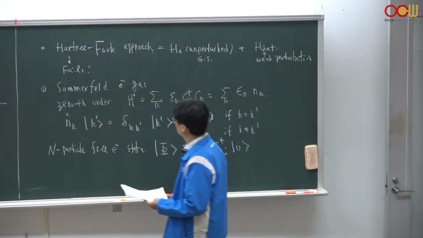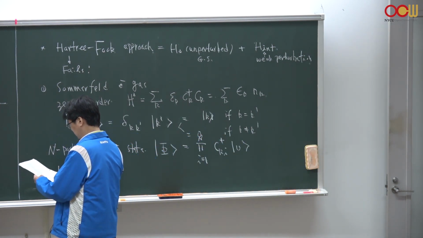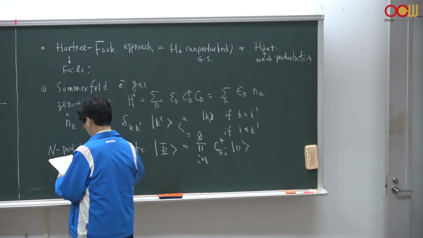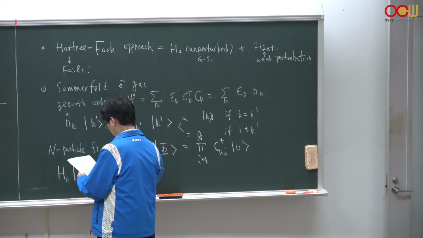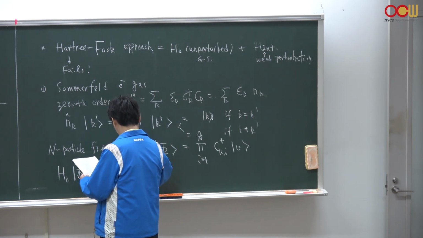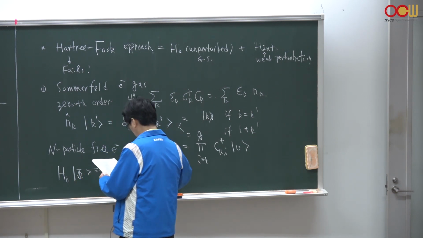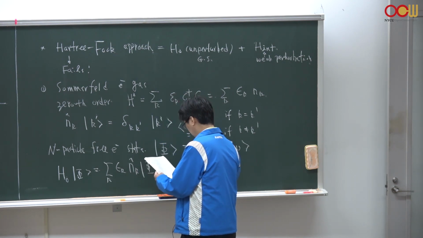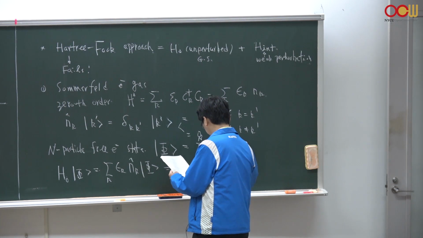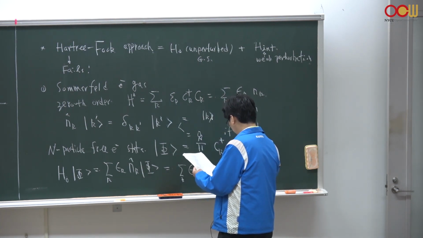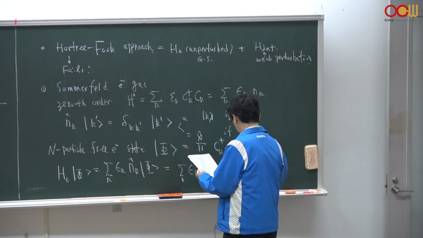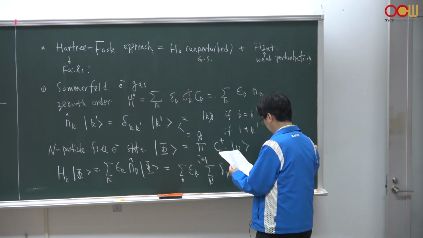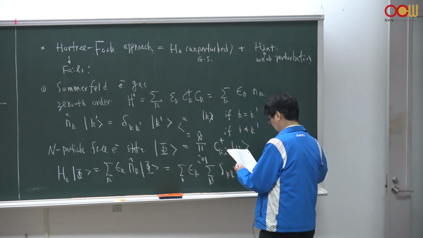So if I simply evaluate this many-body ground state energy, I get the sum over k of epsilon_k n_k acting on this phi, which is nothing but the sum over k of epsilon_k, sum over k' of δ_{kk'}, and phi, which is the sum over i from 1 to n of epsilon_{k_i} phi.